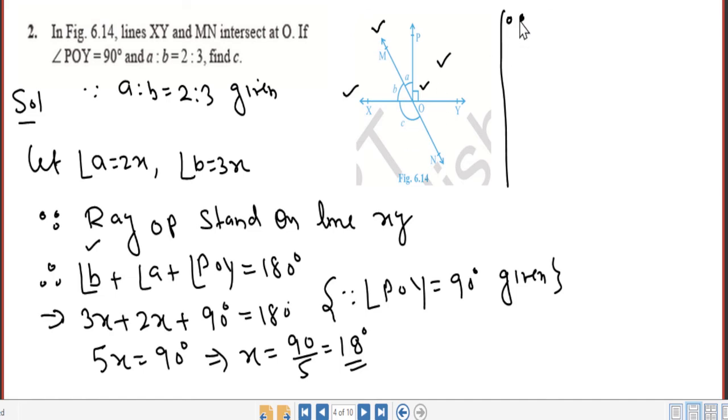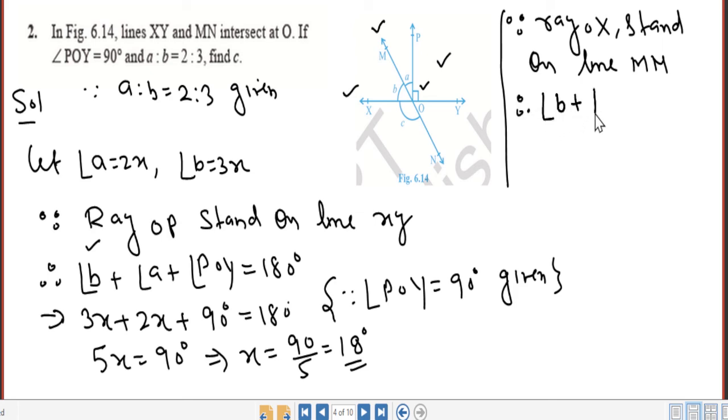Since ray OX stands on line MN, therefore angle B plus angle C is 180 degree. Reason, linear pair axiom.